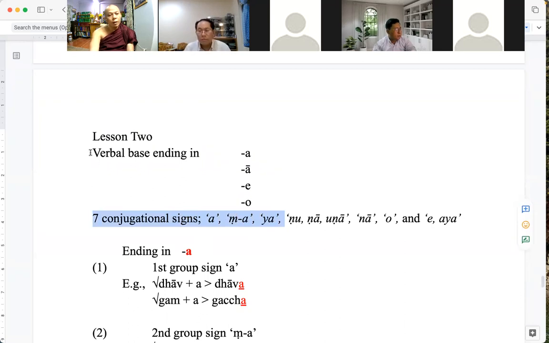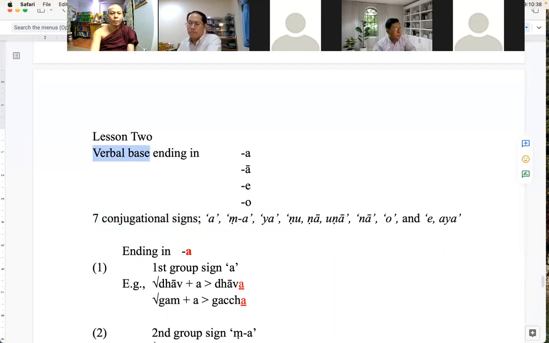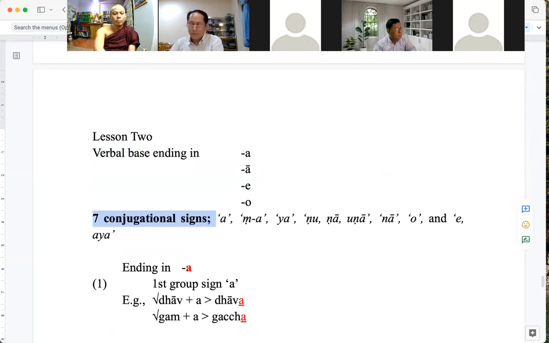You remember, the vowel base is the combination of root and conjugational sign, right? If we add the conjugational sign to the root, we have the vowel base. So the ending of the vowel base is based on the conjugational sign. That is why we need to know the 7 conjugational signs. The first conjugational sign is a, which we already learned.